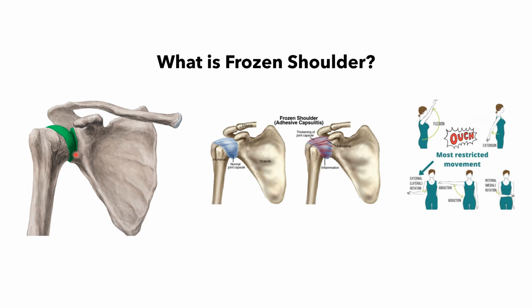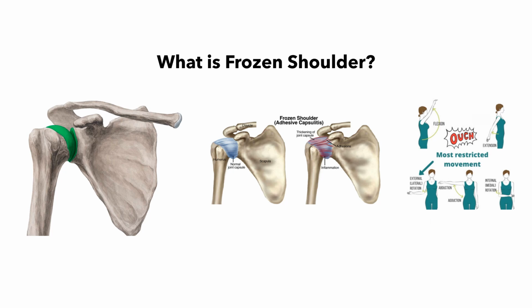This joint is known as a flexible ball and socket joint and allows the shoulder to move in flexion, extension, external rotation, internal rotation, and abduction and adduction. Frozen shoulder can restrict all of these movements, but we're seeing that external rotation is normally the first range to be restricted the most.